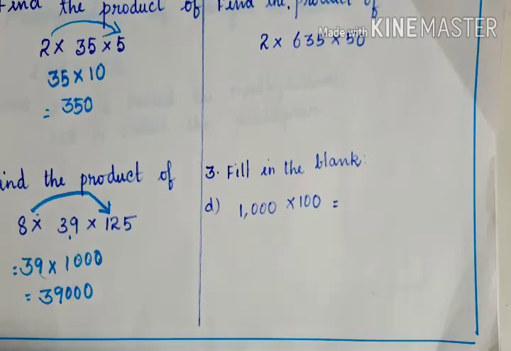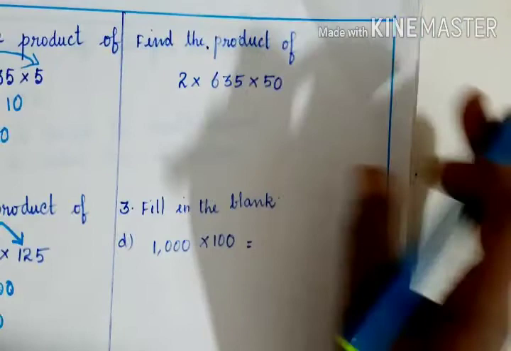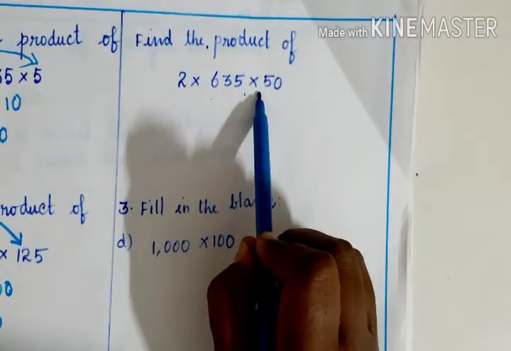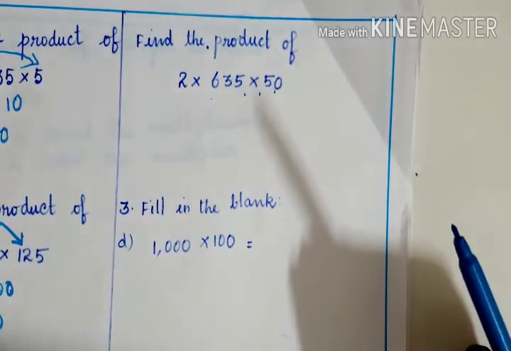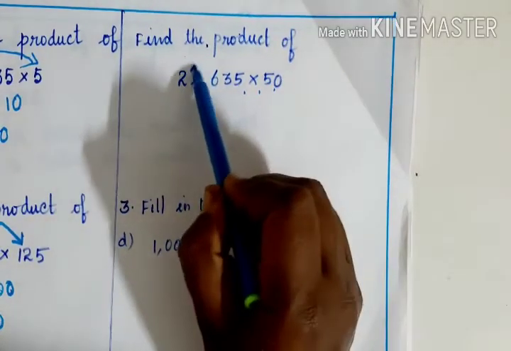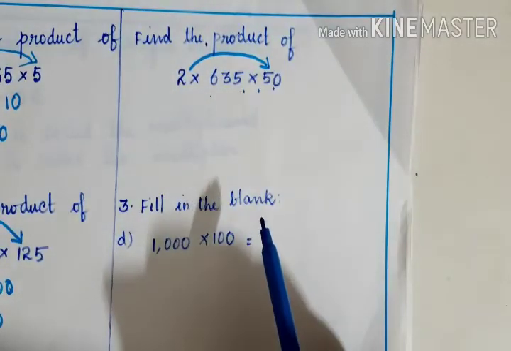Is it clear? One more sum we will do so that it will be very clear to you. Find the product of 2 into 635 into 50. You know that 2 into 50 is 100, isn't it?